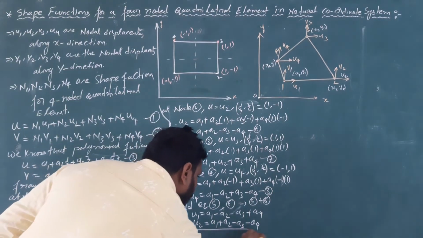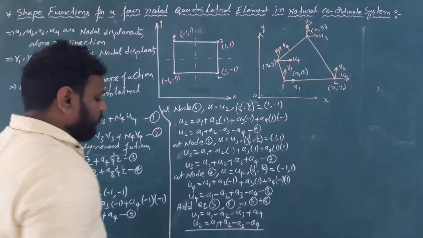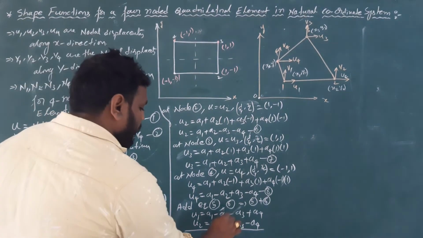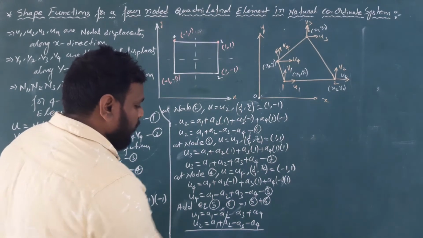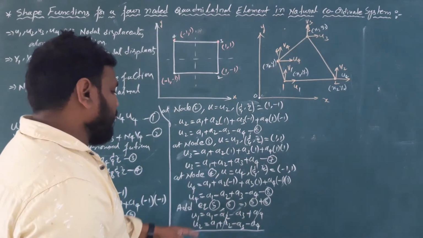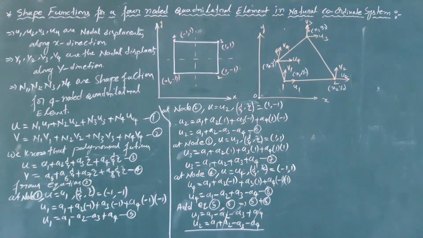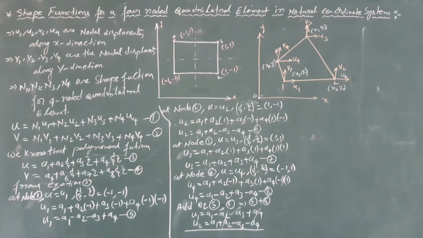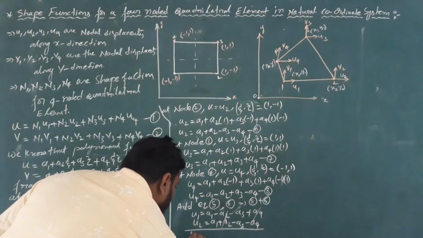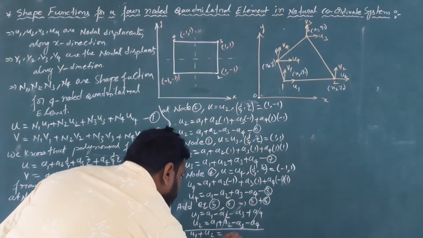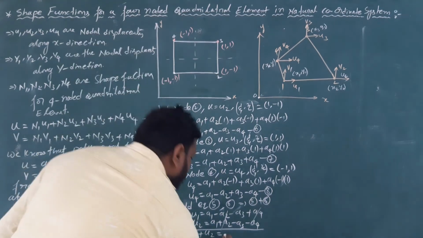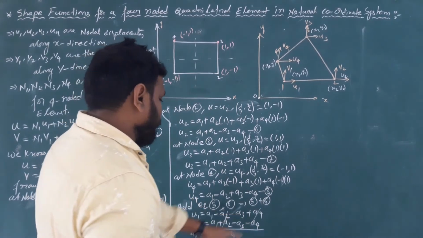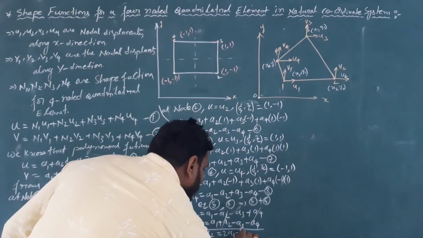After adding, a2 cancels, and here a4 also cancels. So after adding these two equations, we will get u1 plus u2 is equal to 2a1 minus 2a3.